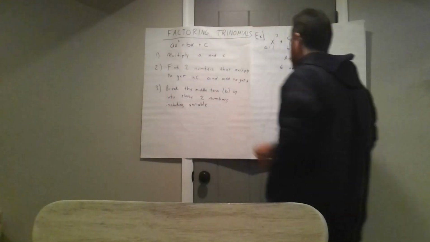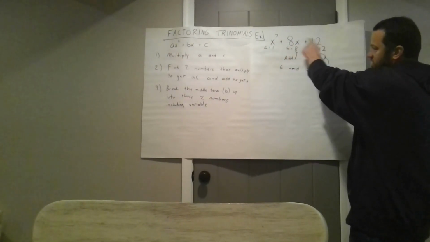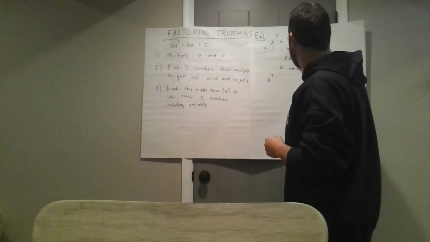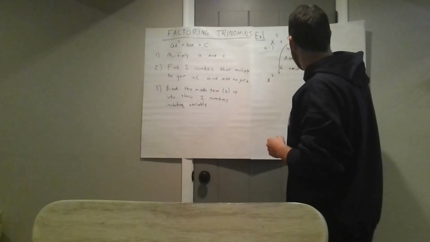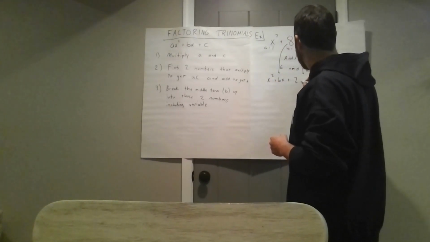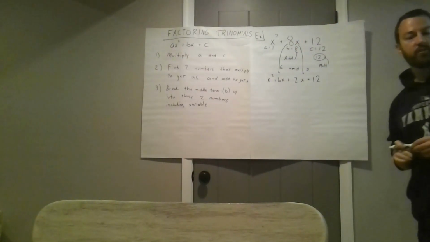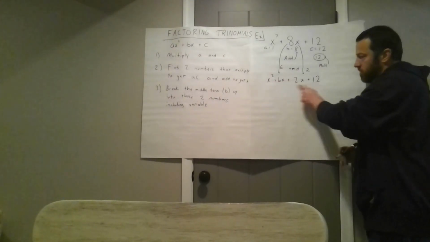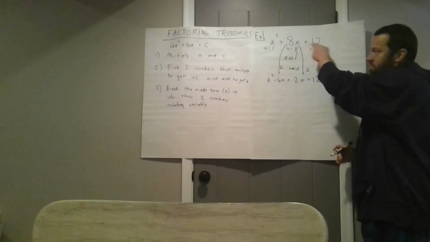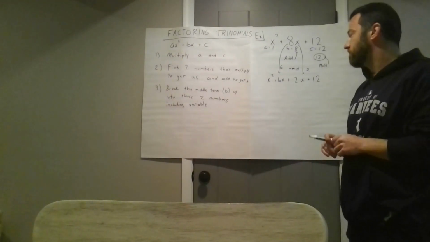So we're including the variable. Rewriting, it's going to be exactly the same as my original equation, but now instead of writing 8x, we break it up into plus 6x plus 2x plus 12. So what I have down here and this up at the top are equivalent. They're the same thing. I just changed the form.